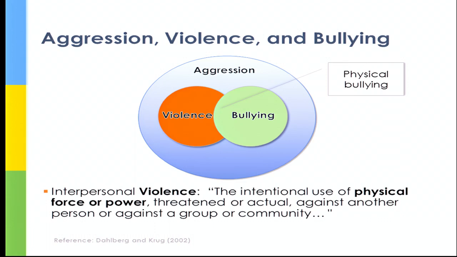For example, a fight or a nasty argument between two peers of equal power or strength certainly is aggressive behavior, but probably wouldn't be characterized as bullying. What about violence? Violence is also a form or a subtype of aggressive behavior. The World Health Organization has defined violence as intentional use of physical force or physical power. And as you can see here, violence can overlap with bullying when it is physical in nature.